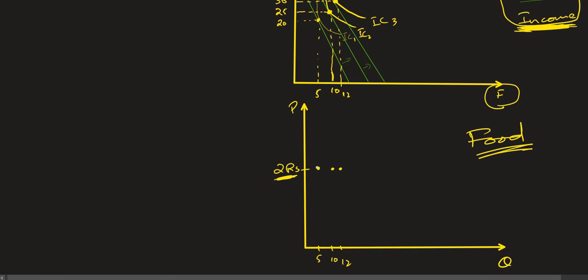Now, this kind of curve cannot be formed here. When the prices are the same, a curve like this will not be formed. These points show a demand curve which is shifting, or passing through these points.